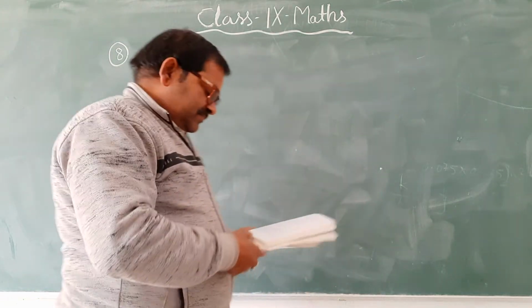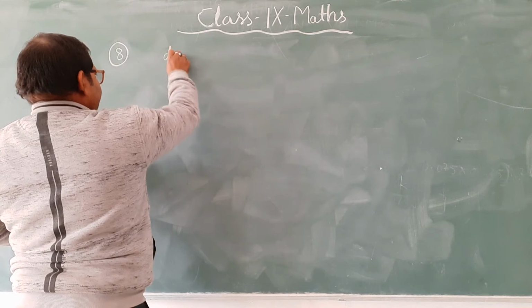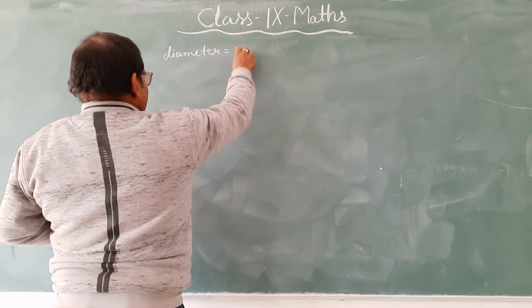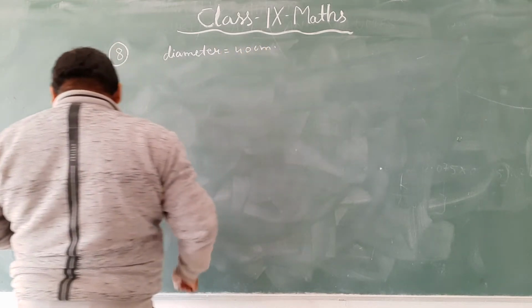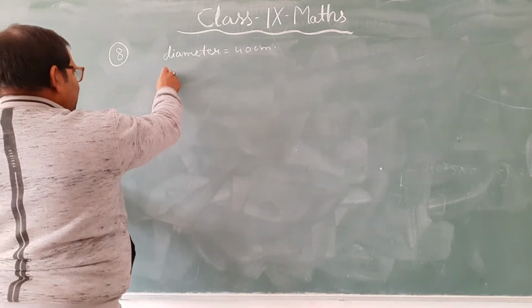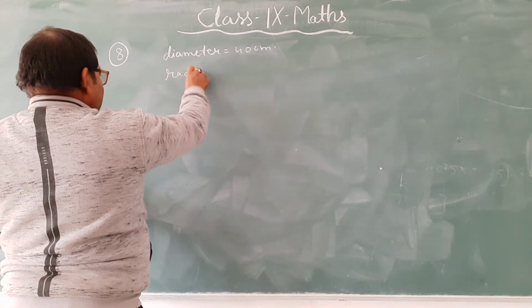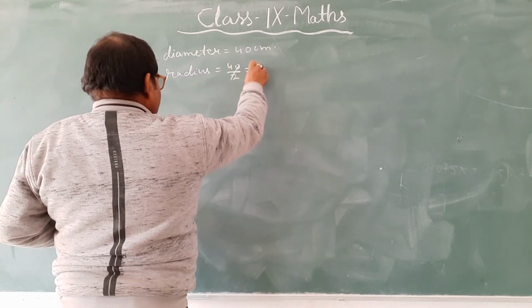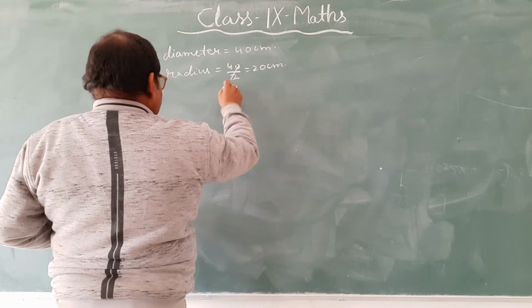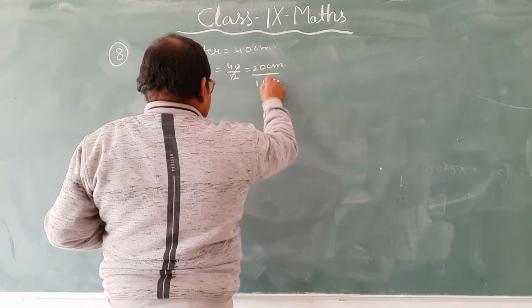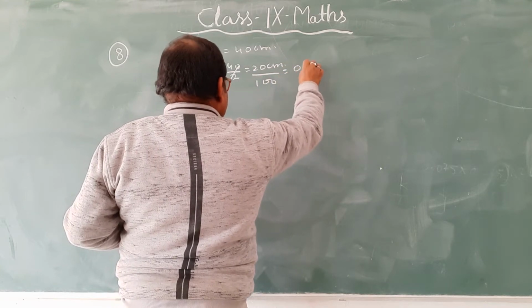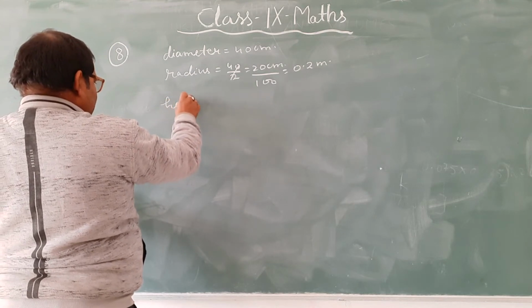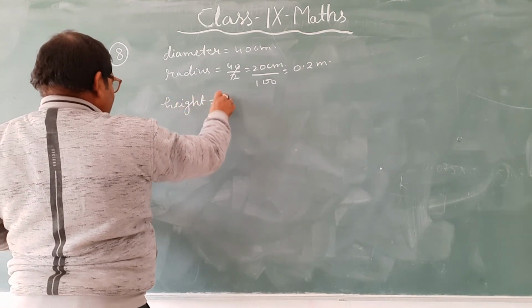Base diameter 40 centimeter, so radius is 40 by 2, 20 centimeter. 20 by 100 equal to 0.2 meter, and the height is 1 meter.